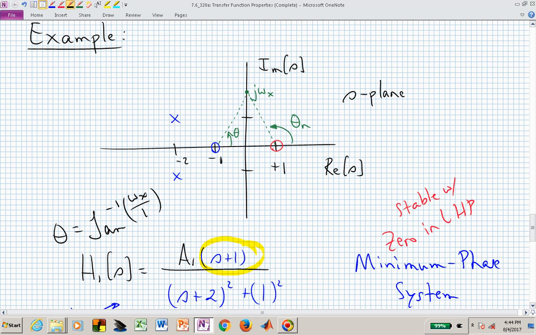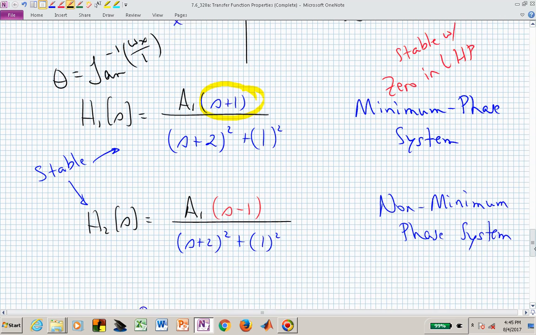Now, if you look at theta sub n, I hope you can see that these angles are all defined with respect to a horizontal line going off positive to the right. Theta is smaller than theta sub n.